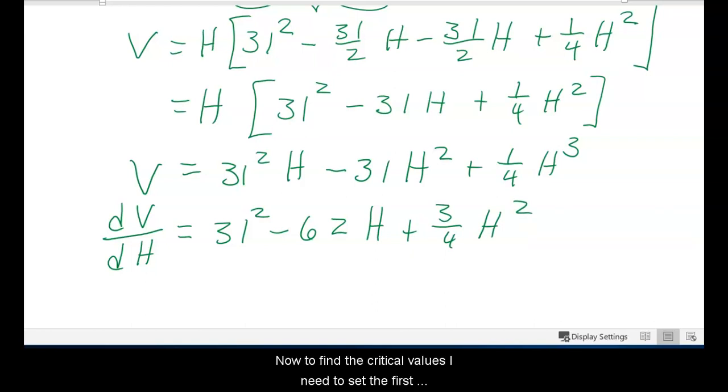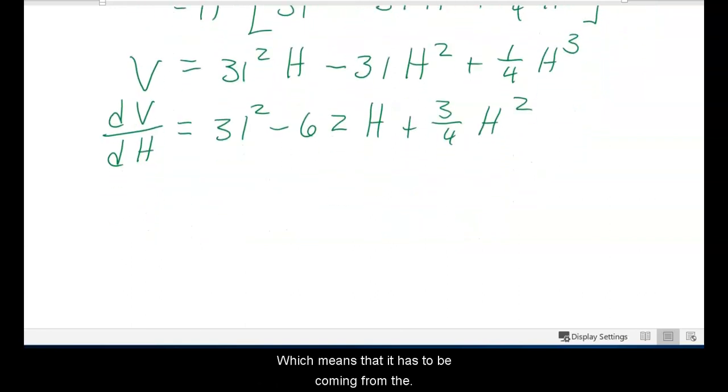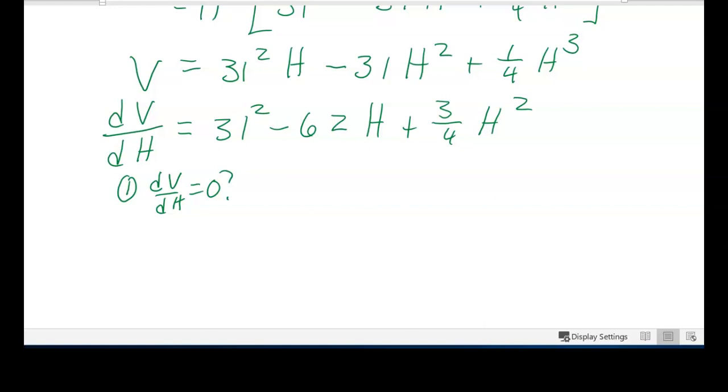Now to find the critical values, I need to set the first derivative equal to 0 or look where it is not defined, but the function is. This derivative is defined for all values of h, which means that it has to be coming from the first part, which is where the derivative of the volume with respect to h is equal to 0.